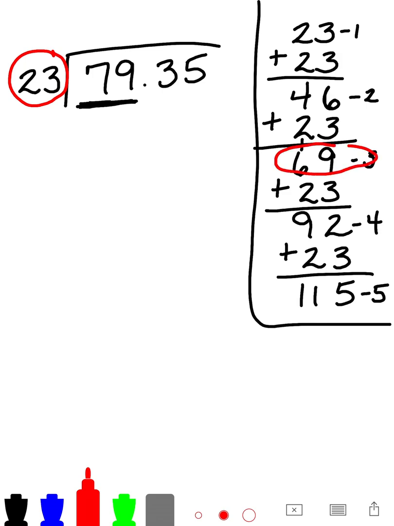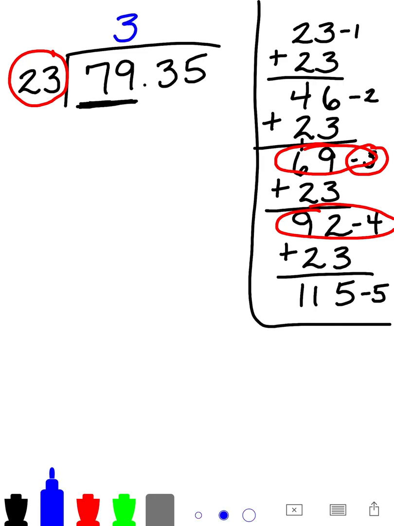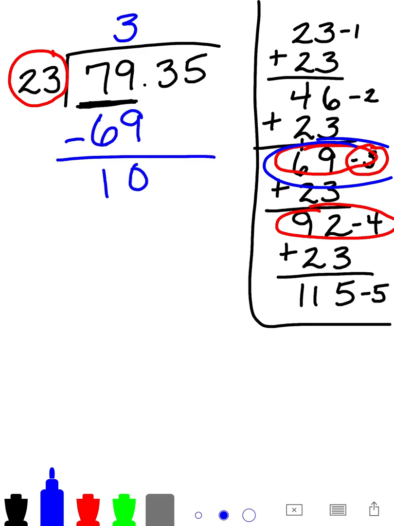So I see here 69. Close to 79 and doesn't go over, but let's check one more just to be safe. 92. Nope, goes over, so we can't use it. So we're going to use 69, which we know fits in 3 times. Okay? 3 times. So 3 times 23 is 69. And we subtract, which gives us 10. Bring down the 3.